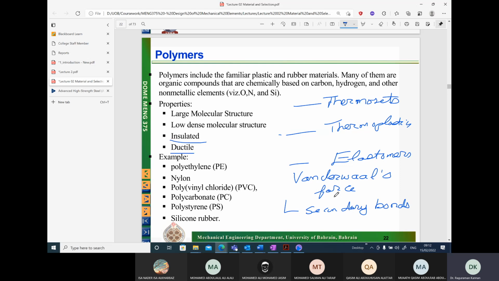Now, since the molecules have covalent bond within the molecule, that means it has to be a good insulator. Okay, it has low density because of these van der Waals forces, very large molecular structure. So some of the examples of the polymers here.